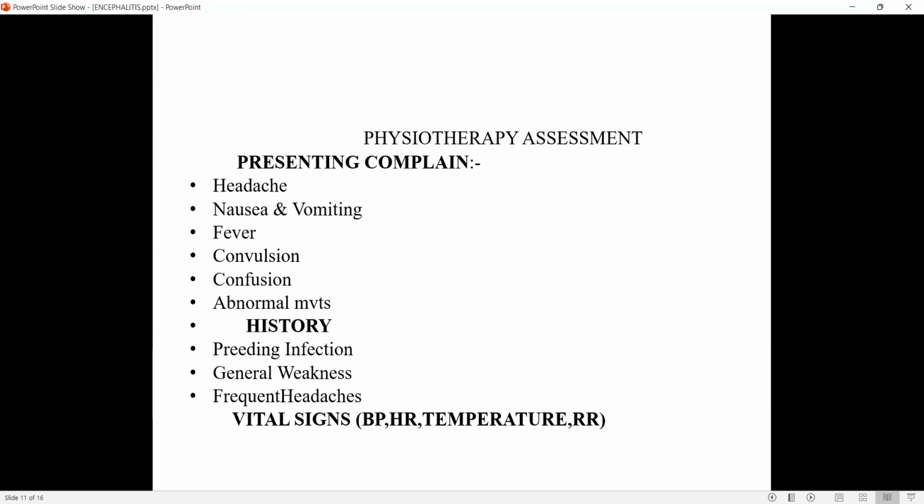History: spreading infection, general weakness, frequent headache. The vital signs: blood pressure, heart rate, temperature, respiratory rate.